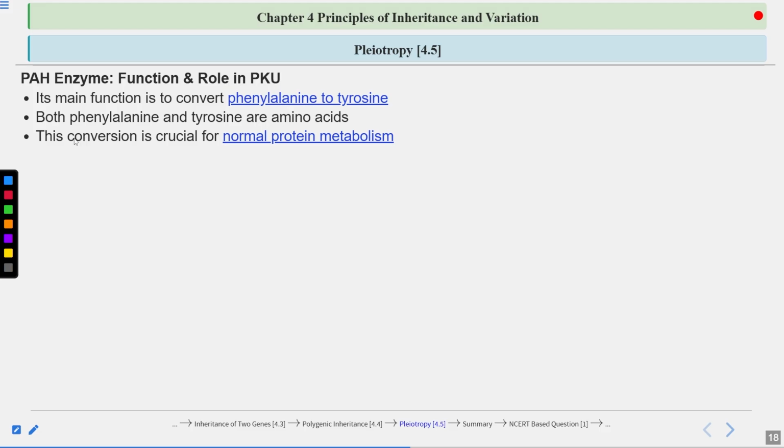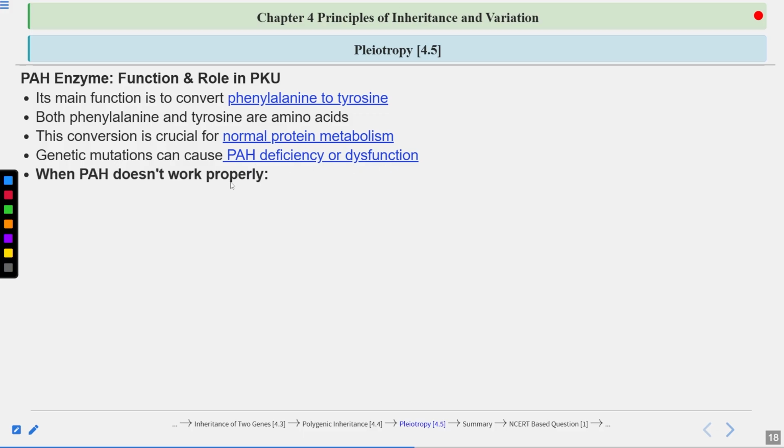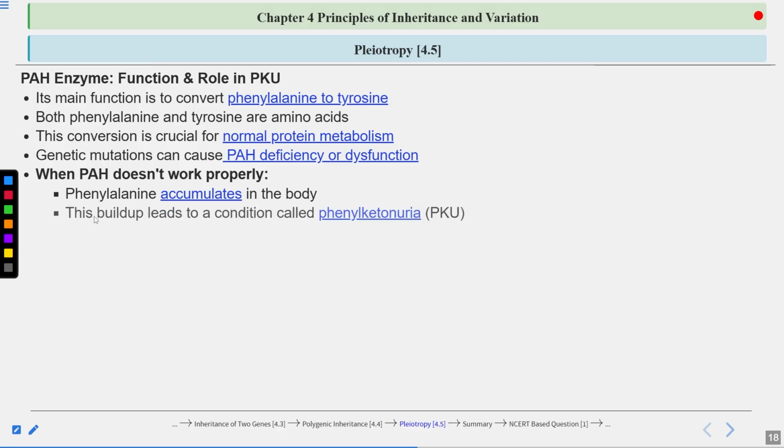This conversion is very crucial for normal protein metabolism. Due to genetic mutations, the enzyme is deficient or doesn't work properly, and this buildup of phenylalanine leads to a condition called phenylketonuria, abbreviated as PKU.